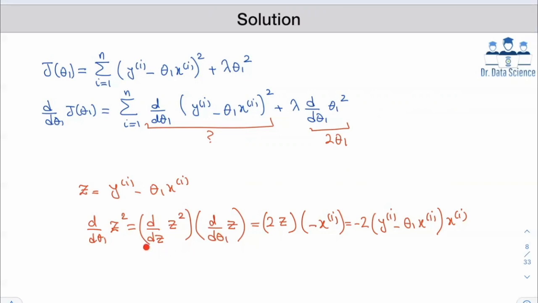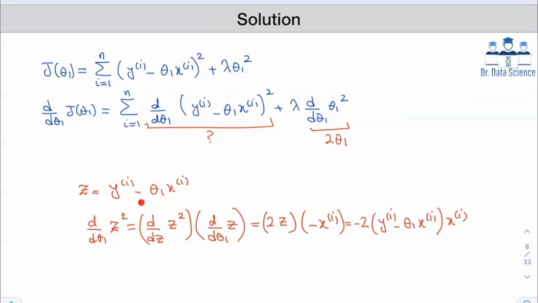Again, the first part is easy because the derivative of z squared with respect to z is 2 times z. And remember, z is defined here. On the other hand, we have to find the derivative of z with respect to theta 1. And if you look here, yi is given, is a fixed number, right? That's part of our data set. So the derivative of a constant is 0 because it doesn't change.